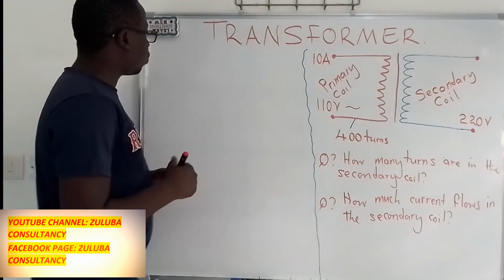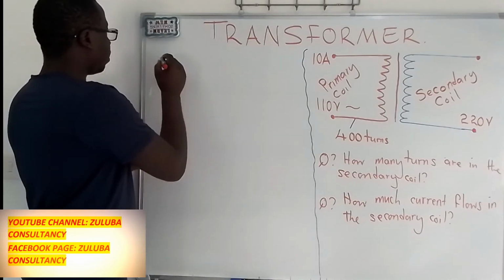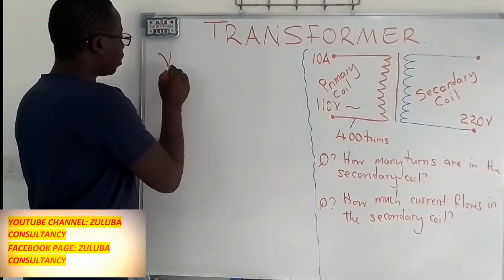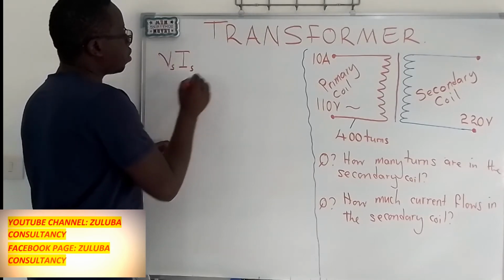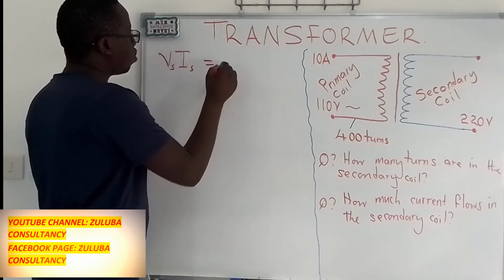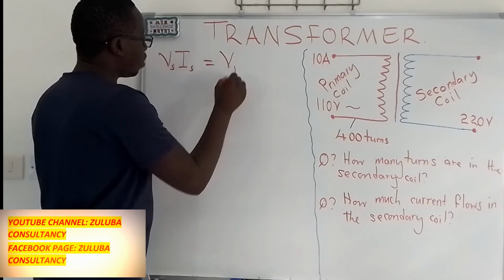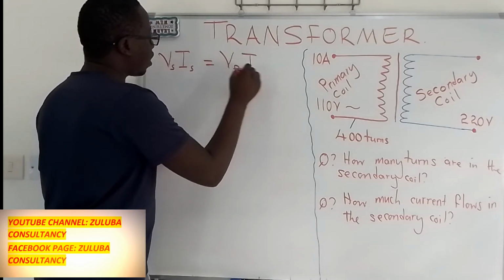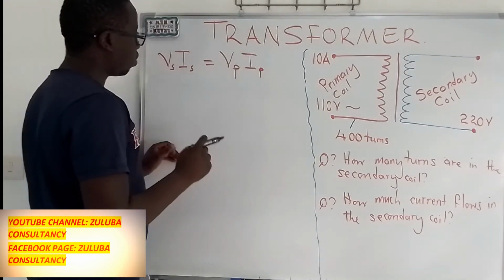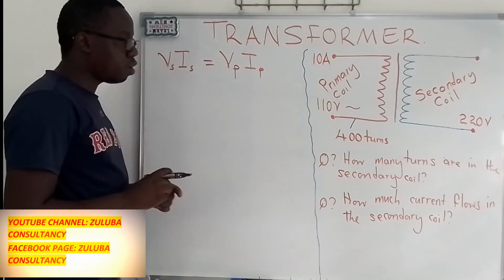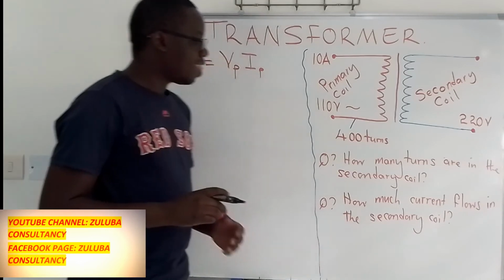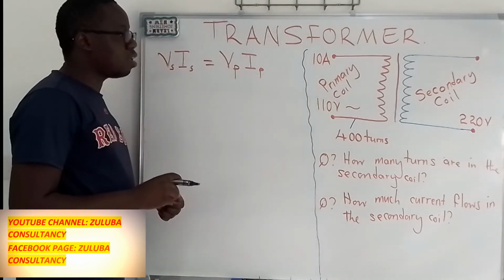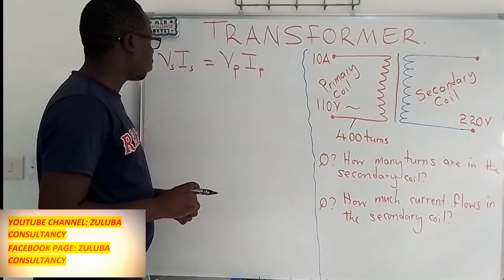The relationship that we use is the voltage in the secondary coil multiplied by the current in the secondary coil is equal to the voltage in the primary coil multiplied by the current in the primary coil. This relationship should help us to calculate the current in the secondary coil.